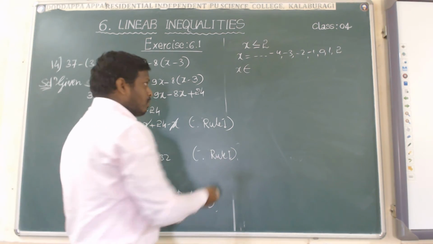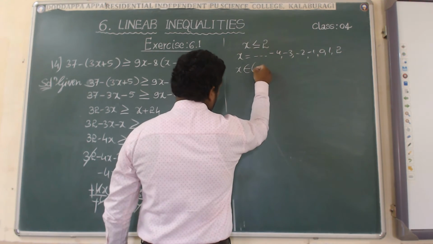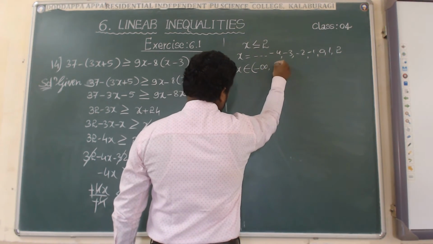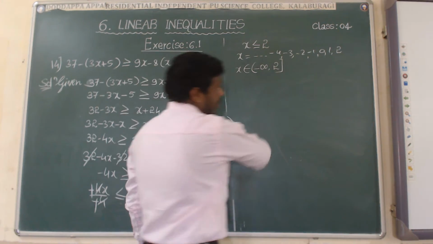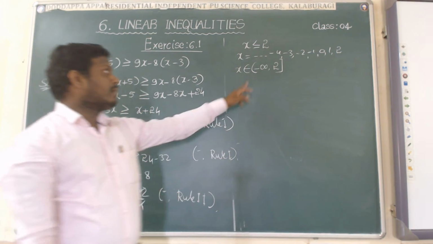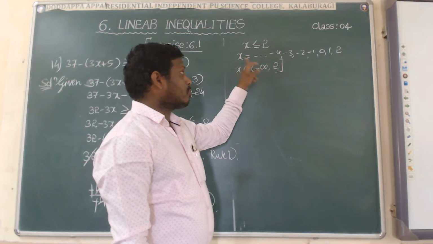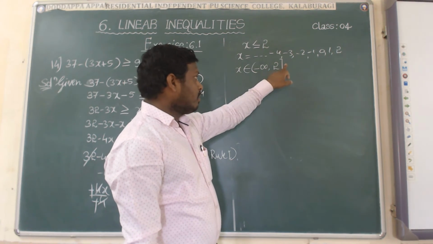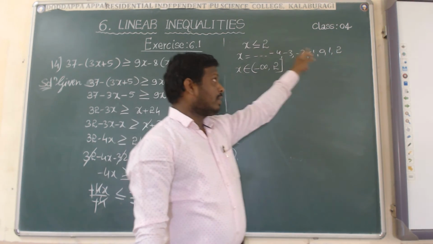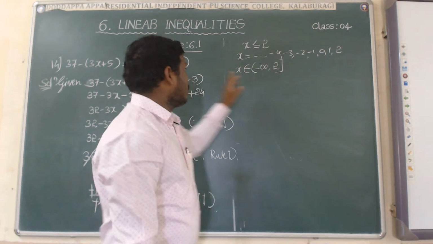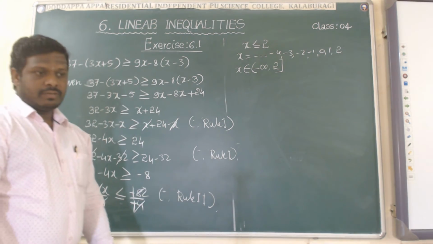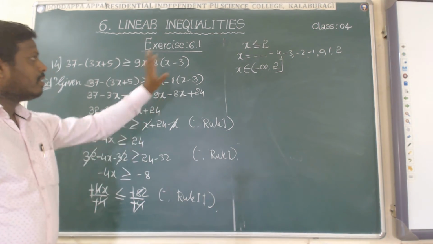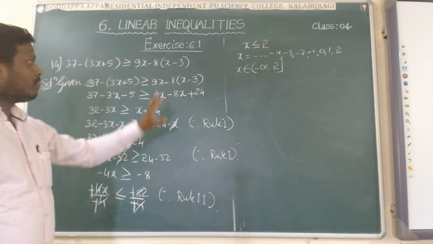The symbol is less than or equal to, so here an open interval will come at minus infinity, and here 2 will come with a closed interval. What is the meaning of this? The value of x excludes negative infinity and includes the positive value 2. This is the required solution for the 14th one. This is the way of finding the solution.